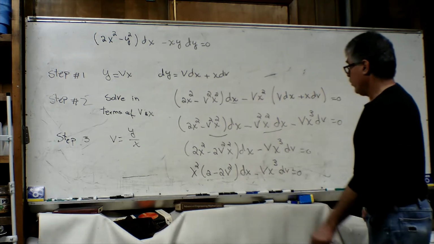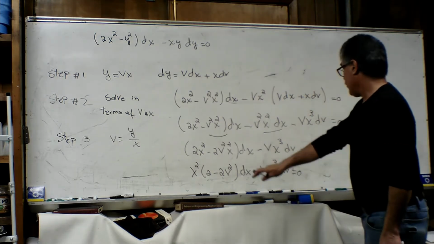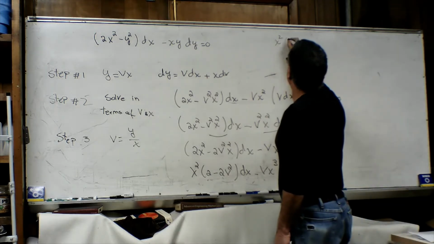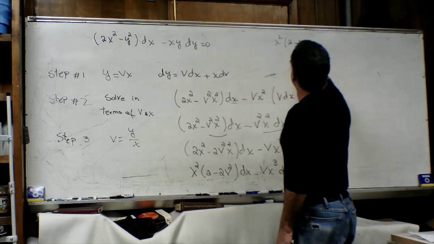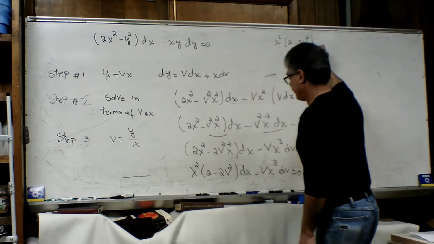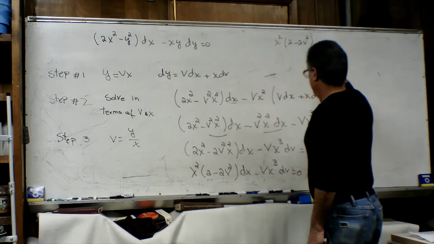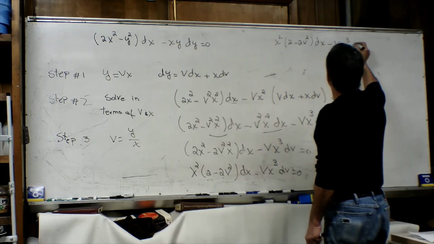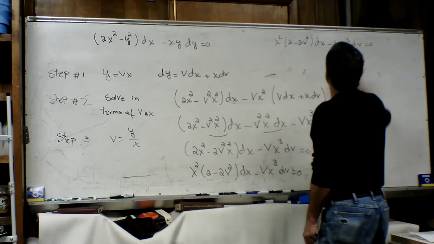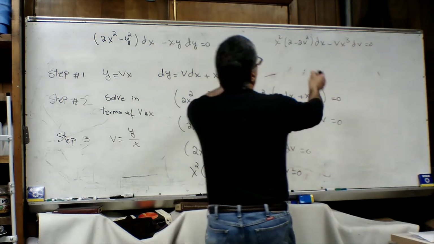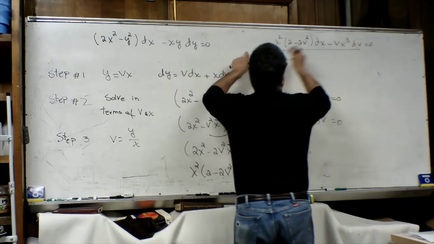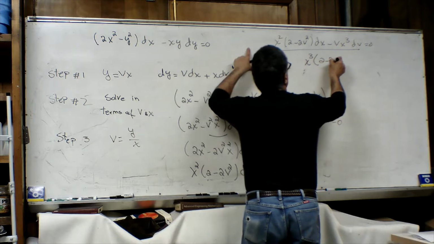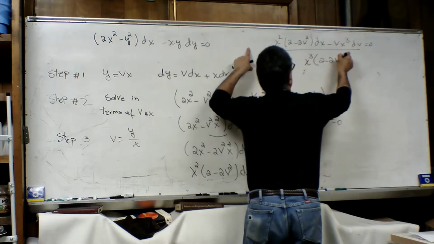Now let's go ahead and divide. Let me write this equation here again: x squared times 2 minus 2v squared dx minus vx cubed dv equal to 0. Let's divide both sides of this equation by x cubed times 2 minus 2v squared.